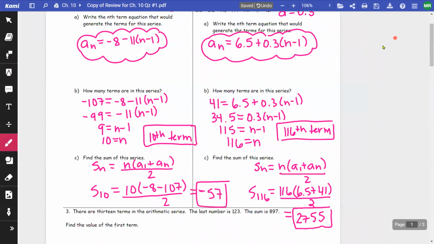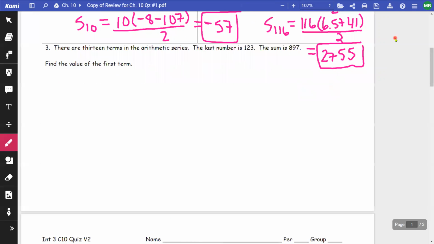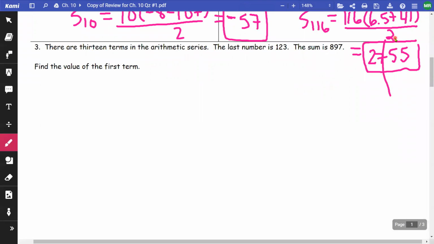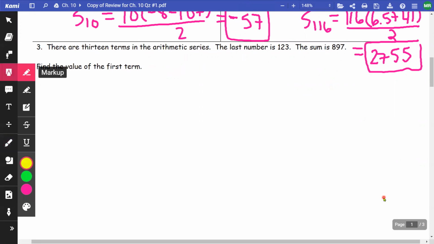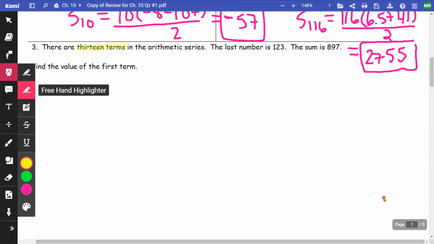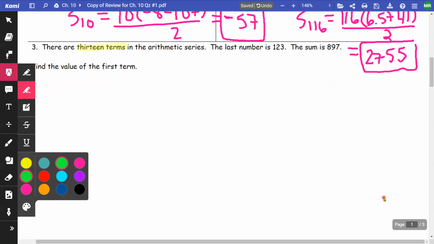So my last one. For this one, we know that there are 13 terms. They tell us that there are 13 terms and that the last number in this is 123, and that the sum is 897.